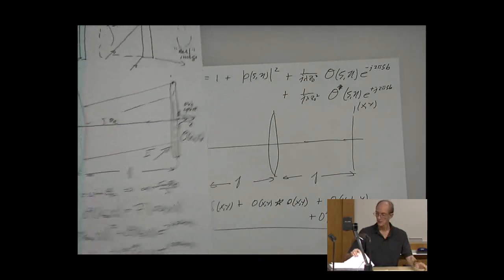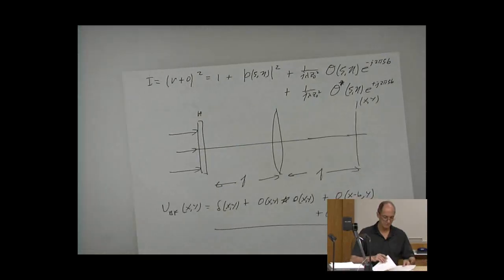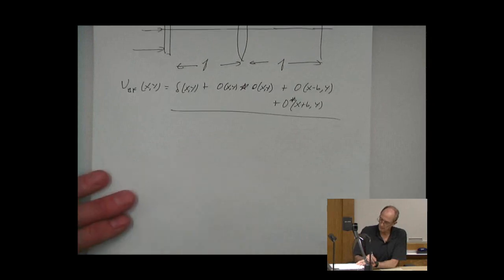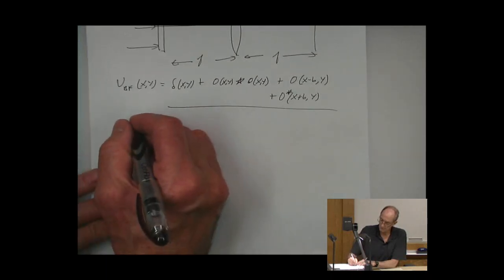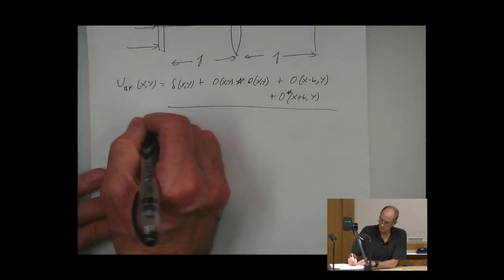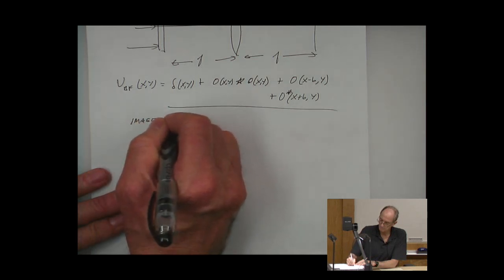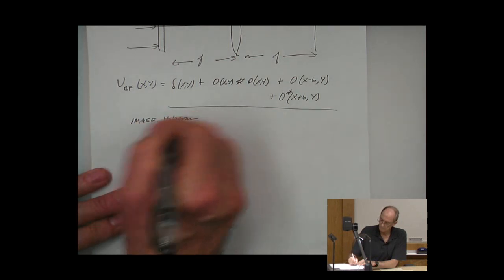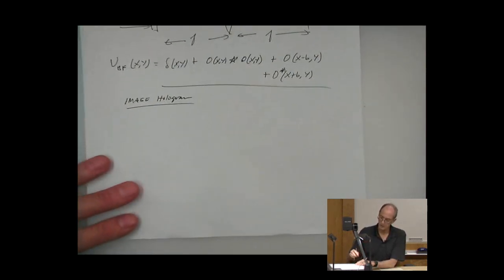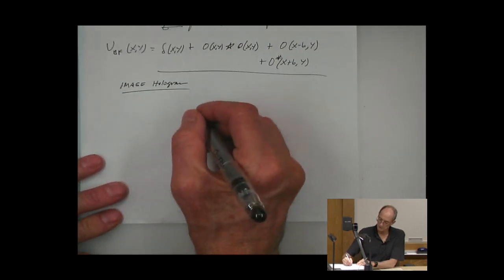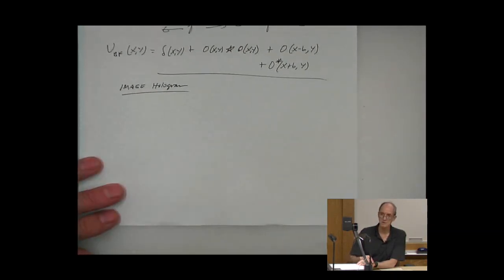Okay. So we have just 2 minutes, and that will be enough time to talk about one other interesting hologram form, and that is what's called an image hologram. When we do the image analysis, we'll verify some of this.